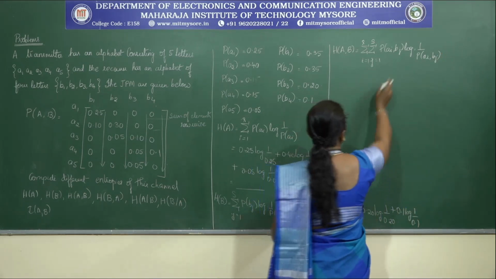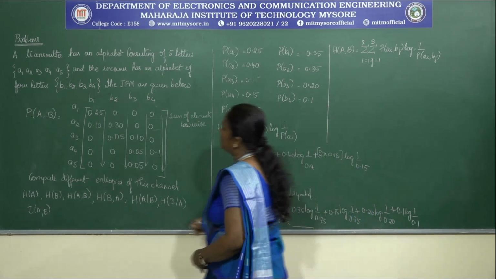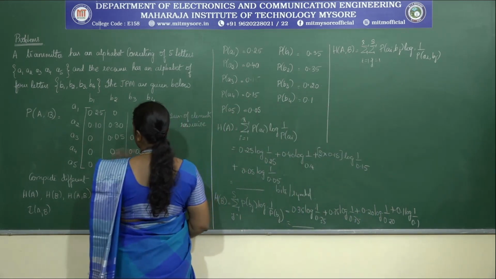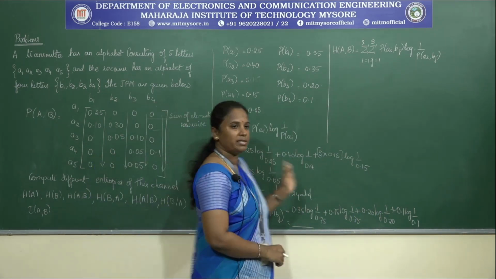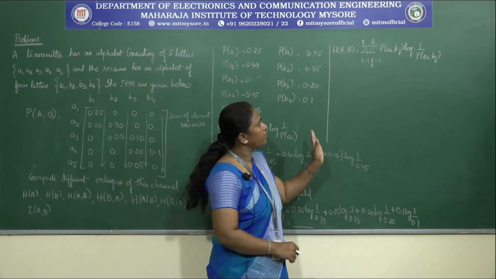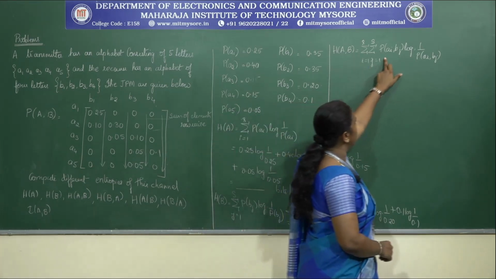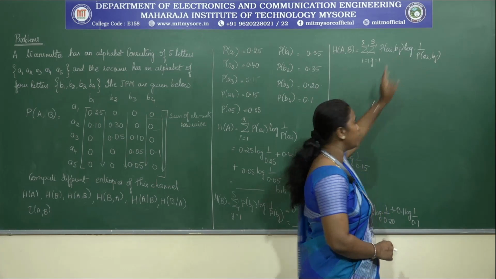This is nothing but the JPM matrix which is given, that is, all the elements present in your JPM matrix are what we need to consider here.